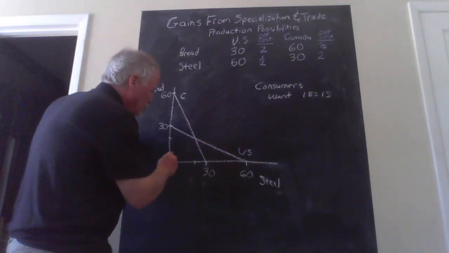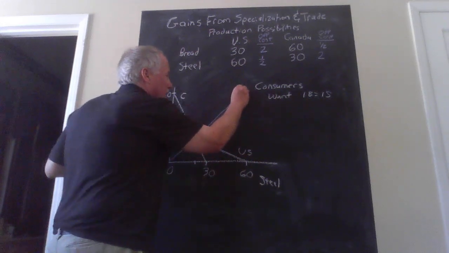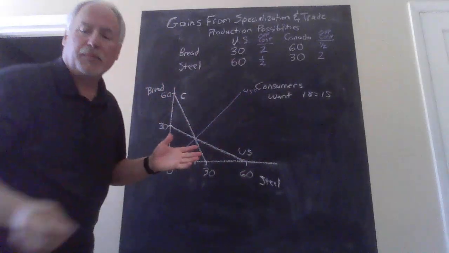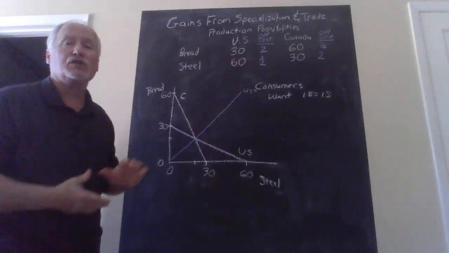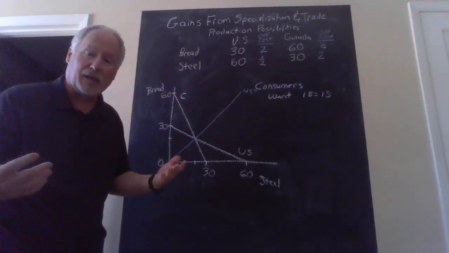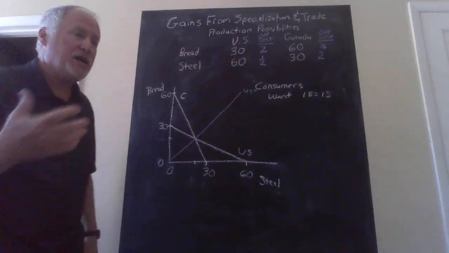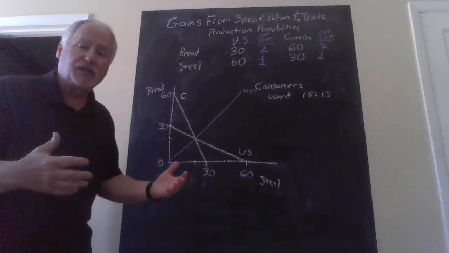So what we can do is just add this in here, and this is the 45-degree line, and I've just made this up. But what we're saying here is that this is where consumers would like to be. They would like to have equal quantities of bread and steel. It depends ultimately on their preferences.